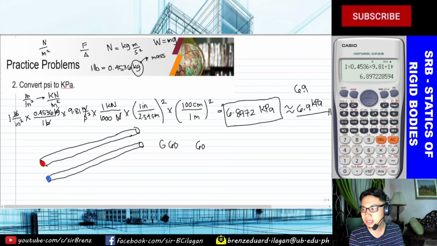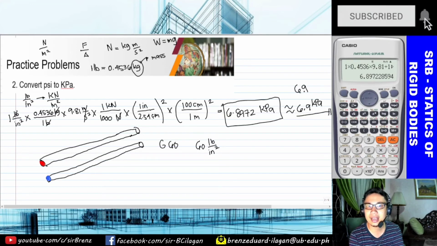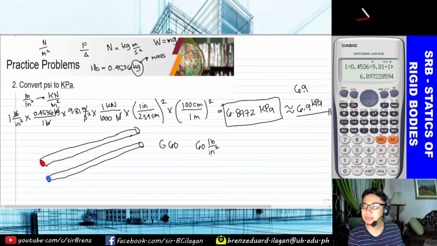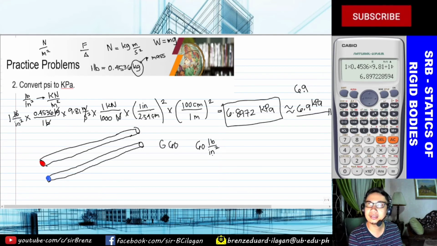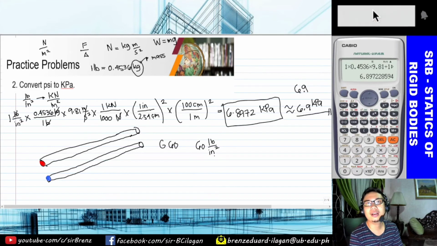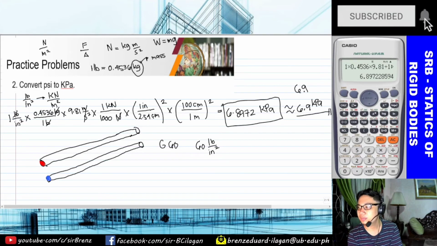So, ibig sabihin, 60 PSI yung yield strength na kaya na dalhin ng isang bakal. So, sa atin kasi halo-halo, di ba? Sa Pilipinas, kapag nag-aano ka ng height, for example, sa hospital, ano ba yung height mo?